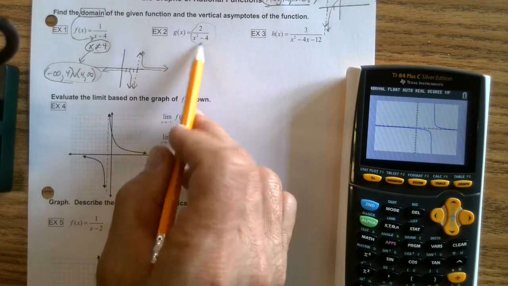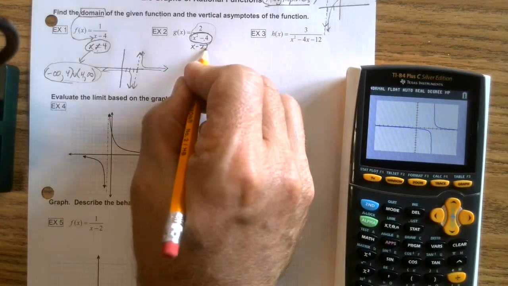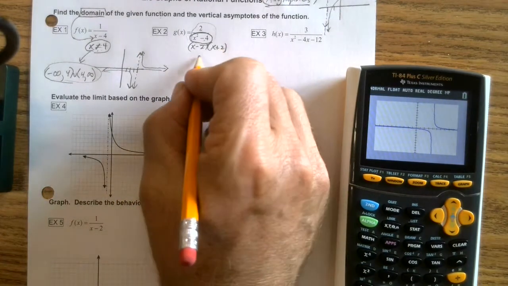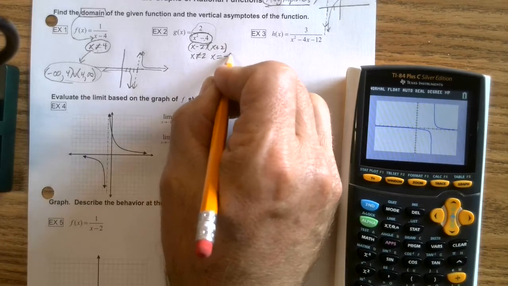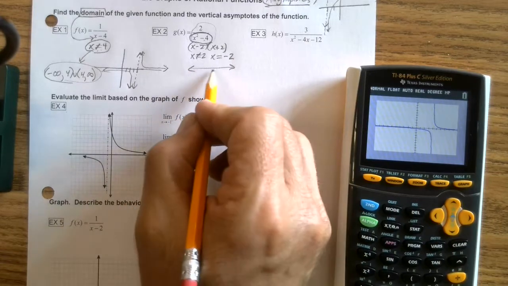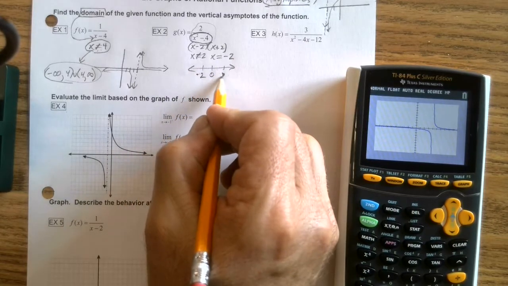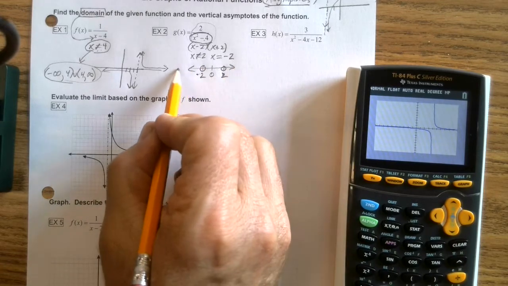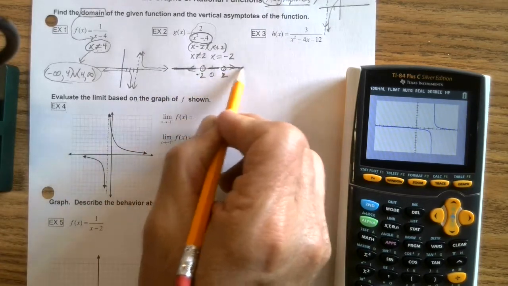So this says find the domain of the given function. We look at this and say, hey, there can't be zeros in the denominator. And if that can be factored, I better factor it. That's a difference of two squares. Hopefully you remember that from Algebra 2. So x cannot equal 2 and x cannot equal negative 2. If I looked at the number line, there's my negative 2, there's my 2, and x can be anything over here, anything in between, and anything over here.